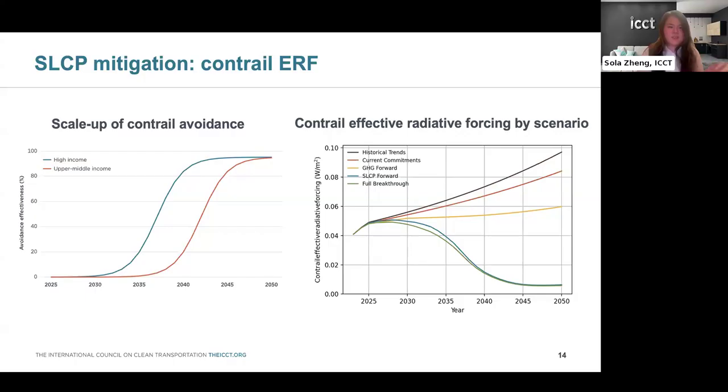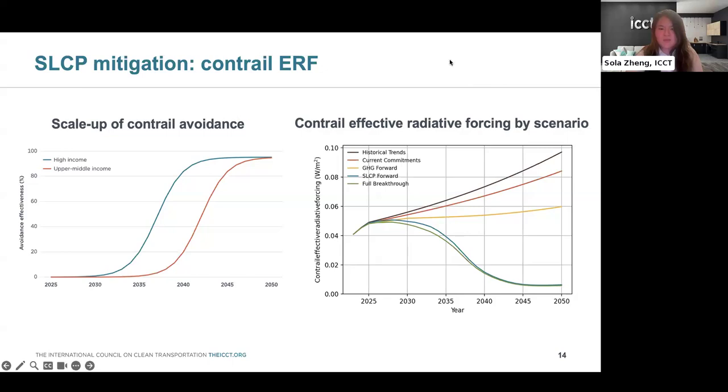So the high percentages being modeled here do not imply a really large shift in all of the routing behaviors in the global flights.